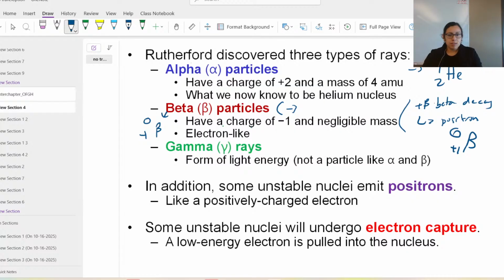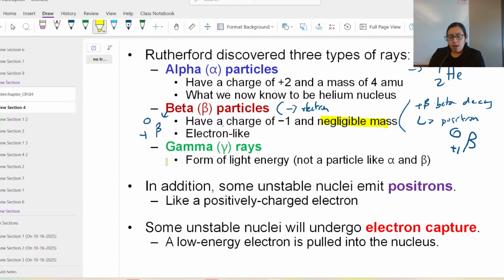Our beta particle, as it lists here, is going to be electron-like if we're just referring to the negative decay. Otherwise, we're just referring to a beta particle as something with negligible mass.